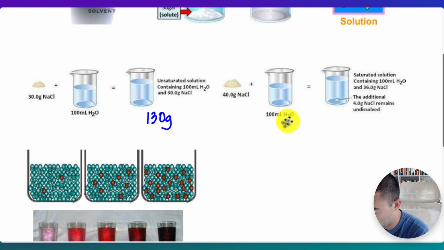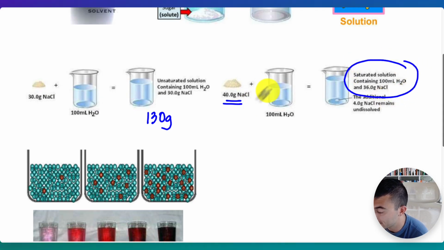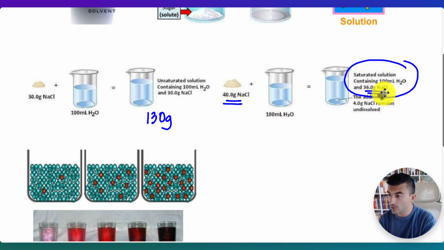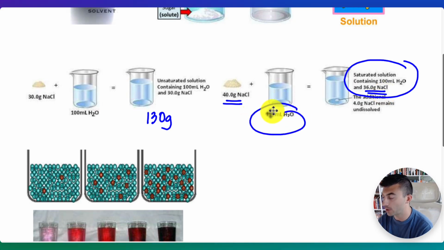So for an example, if we attempt to dissolve 40 grams of sodium chloride in 100 milliliters of water, the saturation limit for this amount of water for sodium chloride is 36 grams, meaning only 36 grams maximum of sodium chloride can dissolve in 100 milliliters of water at this specific temperature, whatever that happens to be in this scenario.